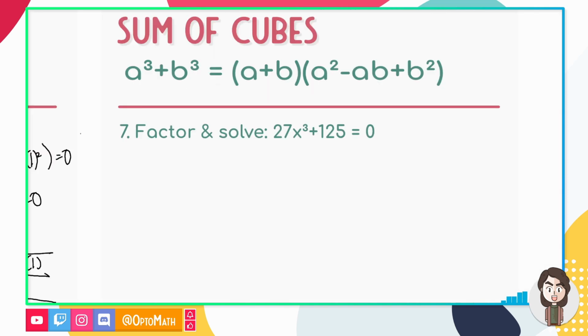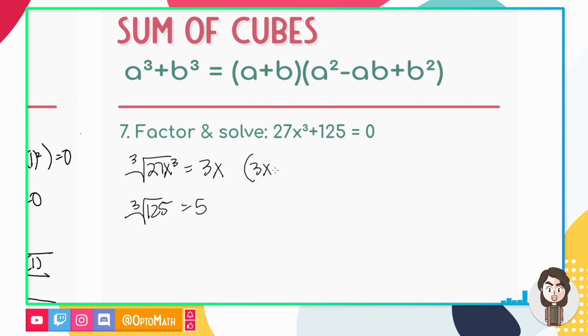Now we have sum of cubes. Very similar, again, just changing those signs. So let's find our a and b for number 7. The cube root of 27x cubed is 3x, and the cube root of 125 is 5.